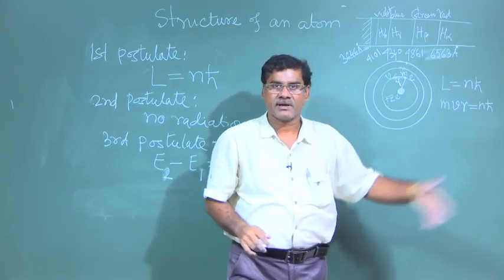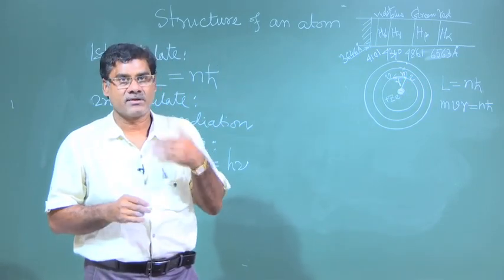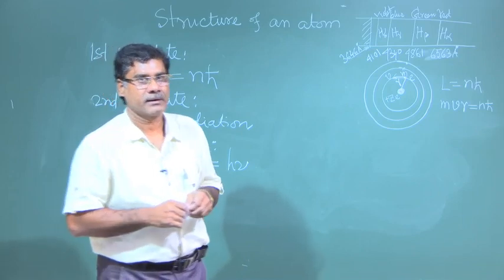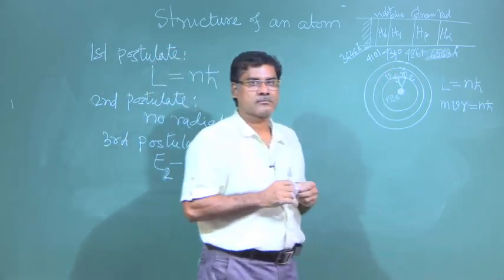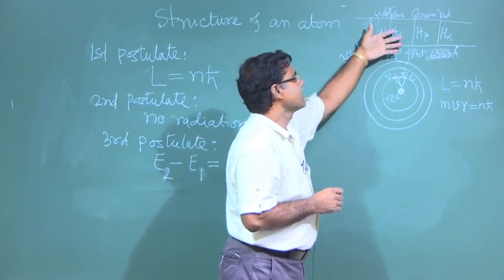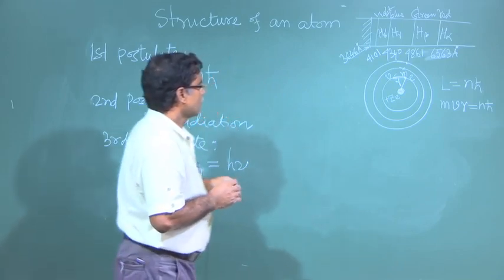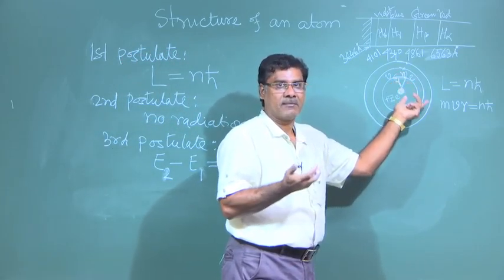So, Bohr actually considered a one electron system, basically a hydrogen atom or hydrogen like atom. Okay. So, a system having one electron, because he was trying to explain the hydrogen spectra. So, hydrogen like atom means one electron, like singly ionized helium. Okay.